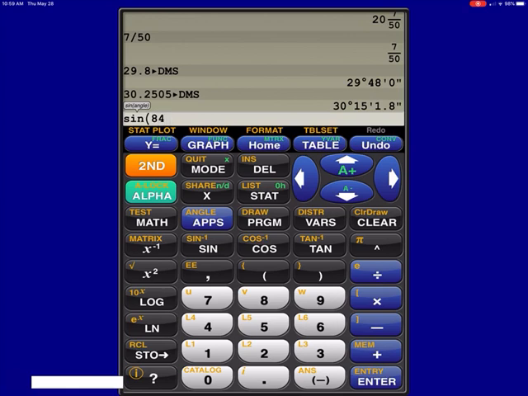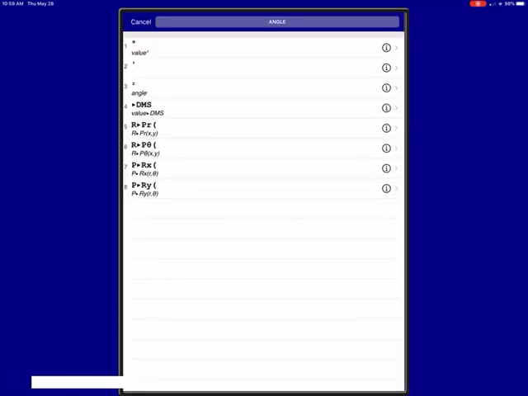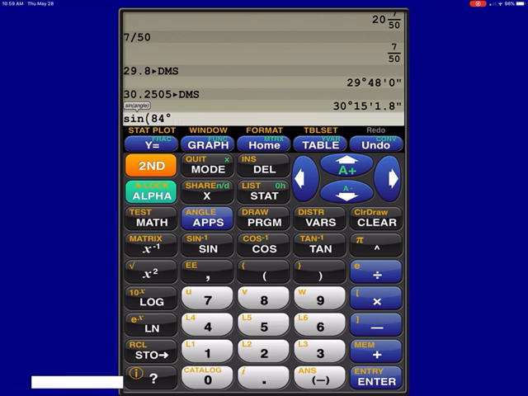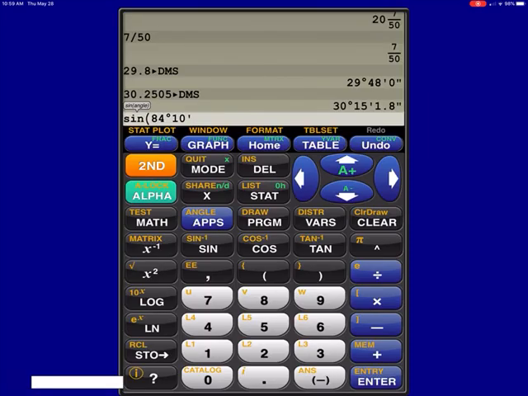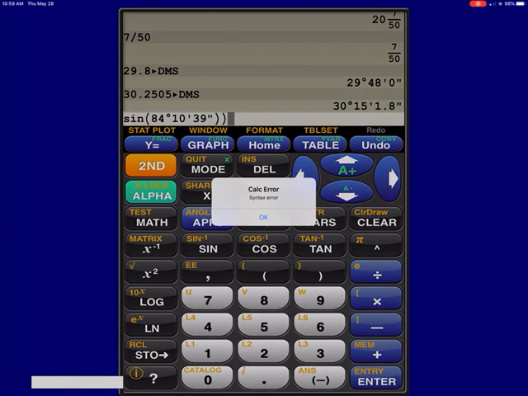Now remember, degrees is in the angle menu, command 1. And I've got 10 minutes. So remember, second, apps key is angle, command 2. There's my prime or minute notation. And then for 39 seconds, I hit the alpha key and then the plus sign on your TI-84. And you hit your enter button, and you'll get your output.